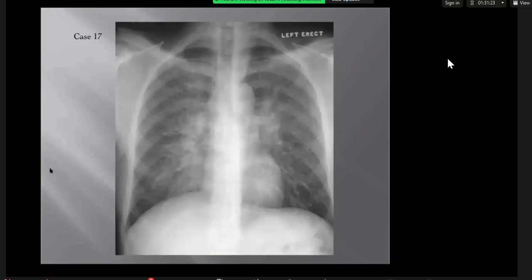Heart is of normal size. Visualized right costophrenic angle is not showing any effusion. Trachea central, no retrocardiac opacity.